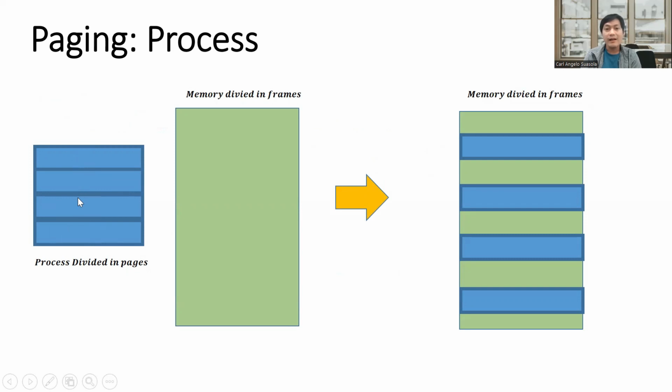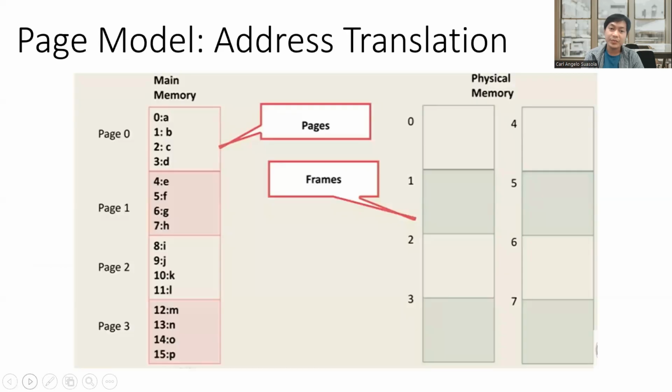And we have a main memory, which is also divided into frames. When we use paging in non-contiguous allocation, these different blocks, the pages, are allocated into the memory, which is also divided into frames. As you can see, the blue blocks represented by pages can be allocated in frames of the same size.